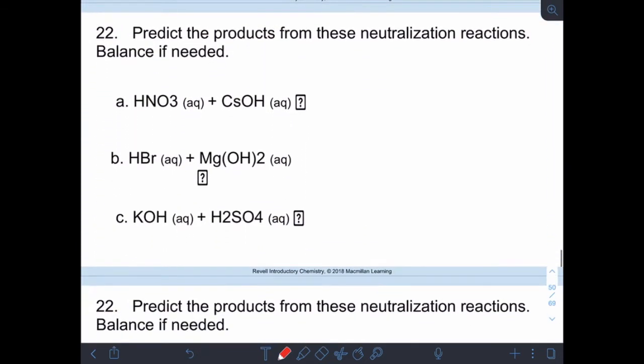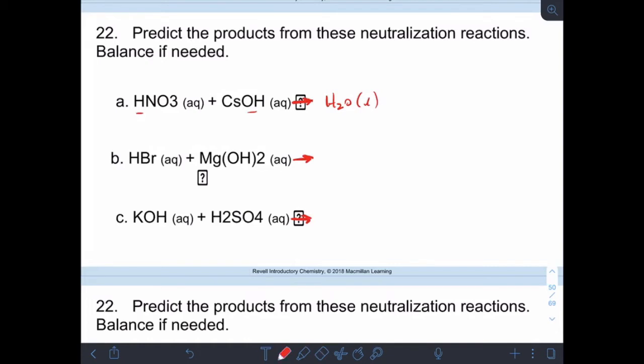Okay, let's take a look at our acid-base reactions here. Starts with an H, we have an acid, has an OH, that's a base. And we know that one of our products when we have acid plus base is liquid water. Now the beauty of these is essentially they are double displacement reactions.